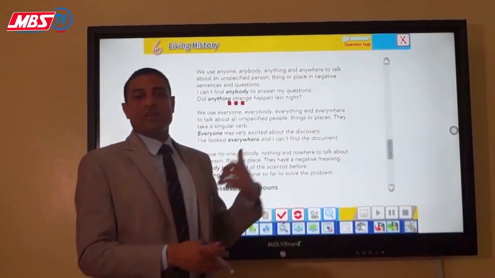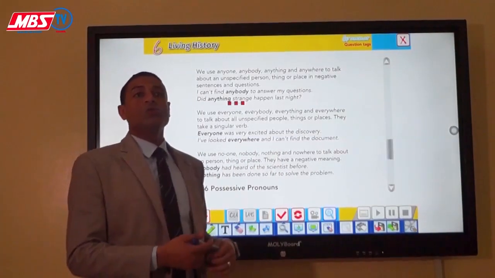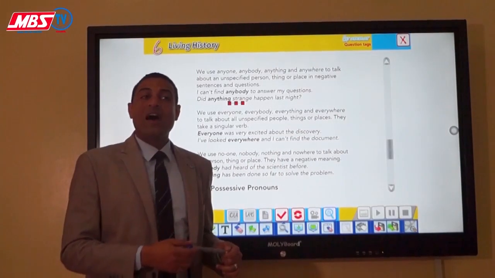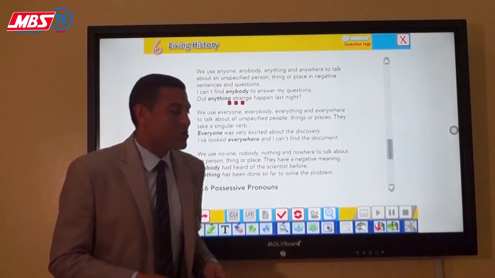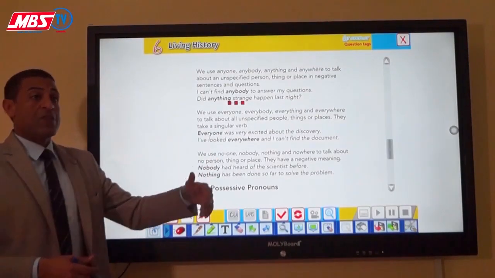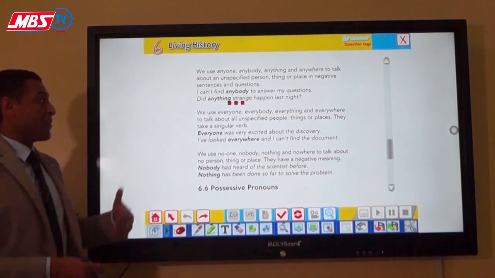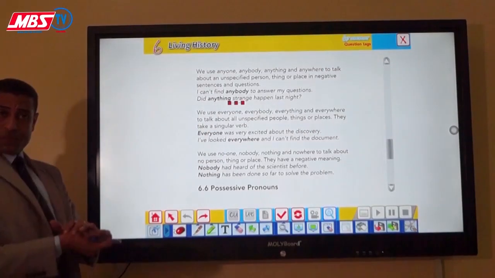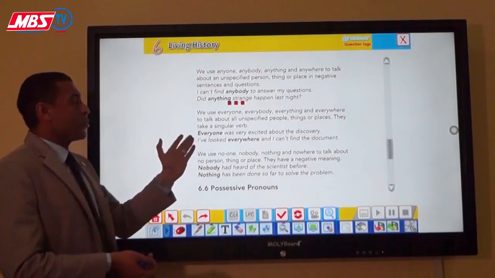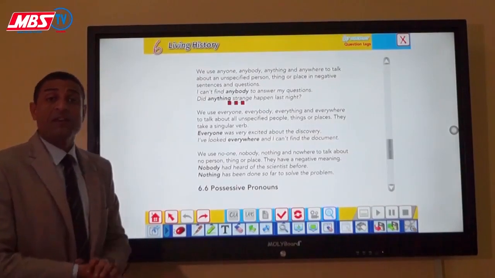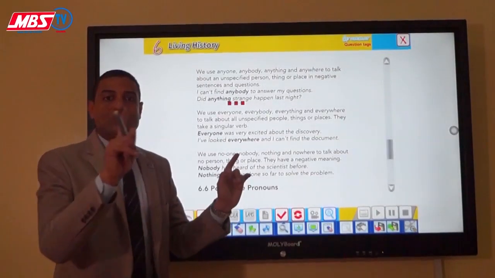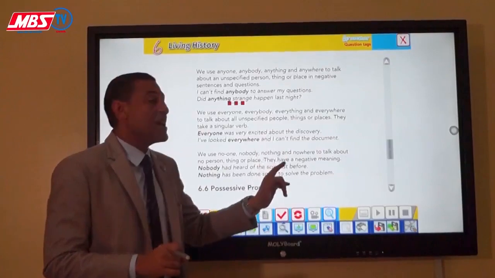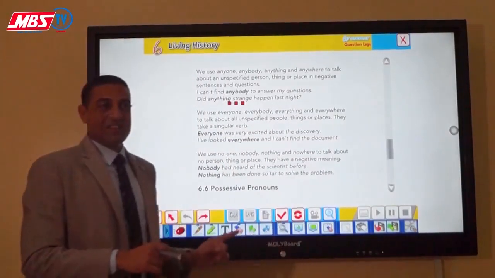Here, everybody in the first sentence, if I want to use a personal pronoun to express this word in other sentences, so I can avoid repeating an expression, like everybody was excited about the discovery. In the second sentence, I cannot say he or she, I will say they.